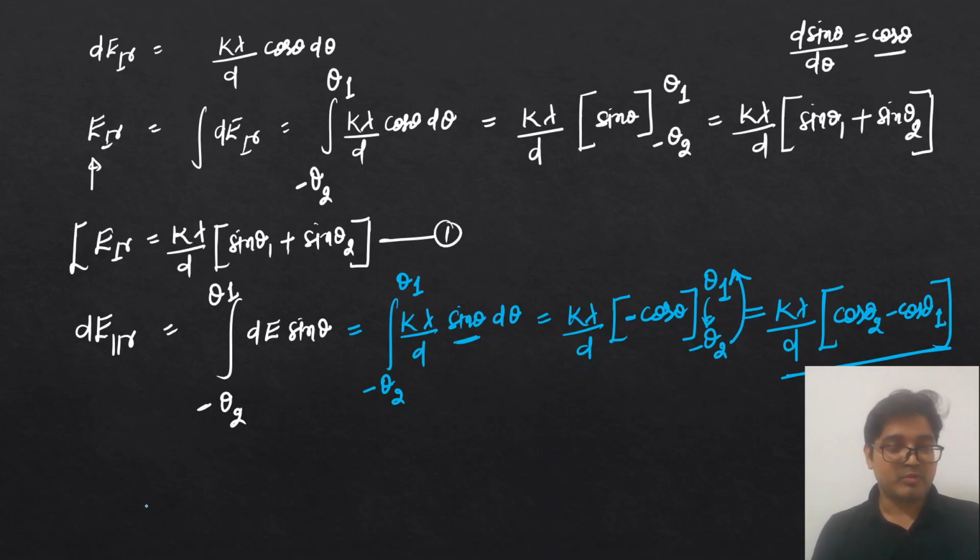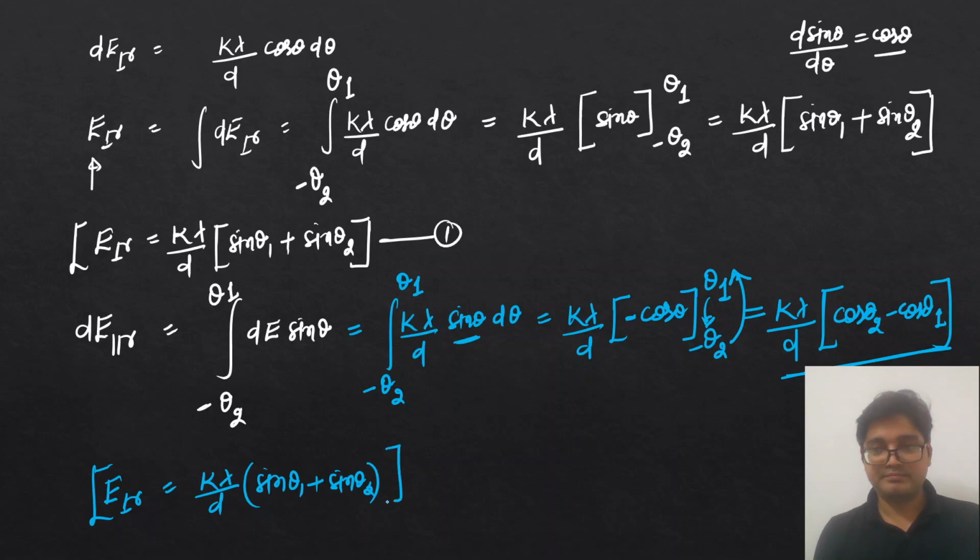So the formula we're getting is that the perpendicular component is k lambda by d into sine theta 1 plus sine theta 2, and the parallel component of electric field is k lambda by d into cos theta 2 minus cos theta 1.